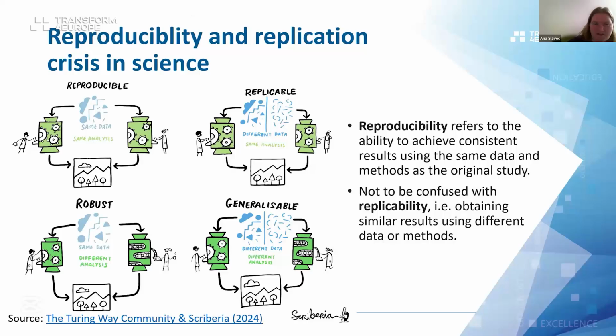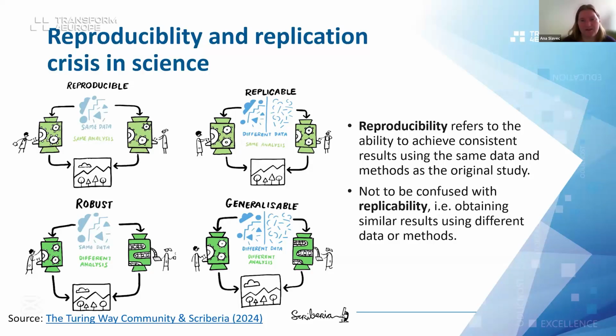And now let's talk about the reproducibility and replication crisis in science. First, maybe a definition, because these two terms are sometimes used interchangeably, but actually they have a different meaning.